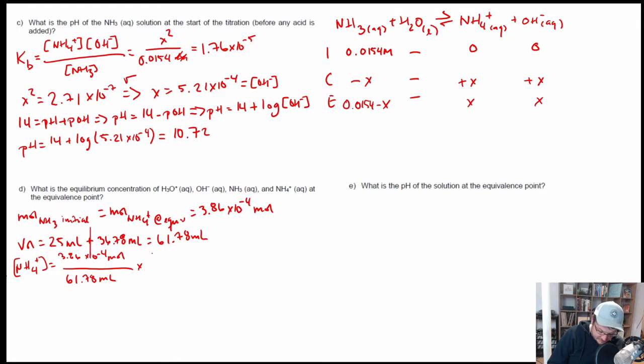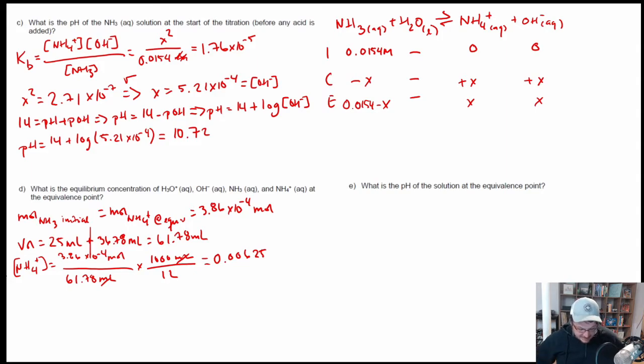We can convert that into liters so the molarity is there, so we multiply by 1,000 milliliters over 1 liter. That way the milliliters cancel, and we have moles over liters. We take 3.86 times 10 to the negative 4 divided by 61.78, multiply that by 1,000, and what we get is that the concentration at the equivalence point is 0.06 in this scenario.